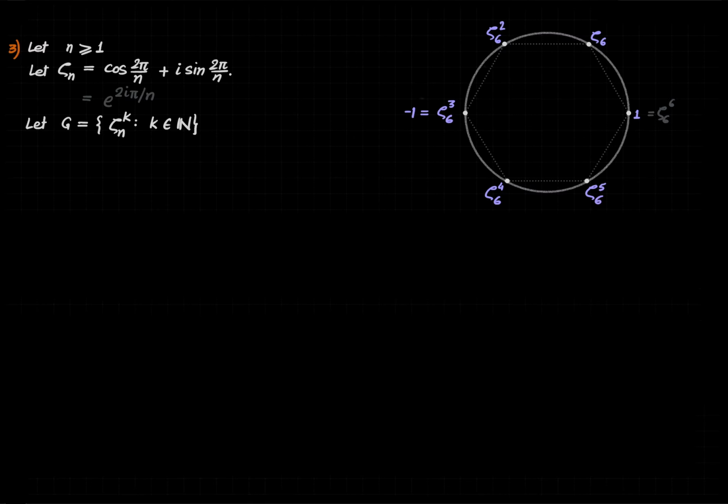This set is nothing but zeta n to the power 1, zeta n to the power 2, power 3 up to power n. This last thing is nothing but 1. So this is our set, and the binary operation is the usual multiplication of complex numbers.